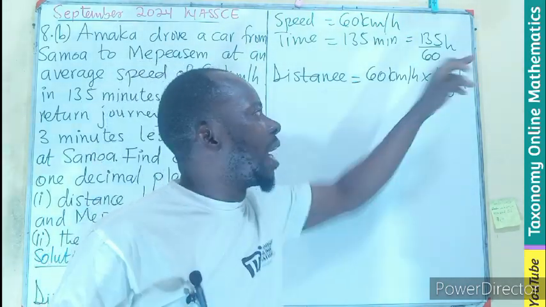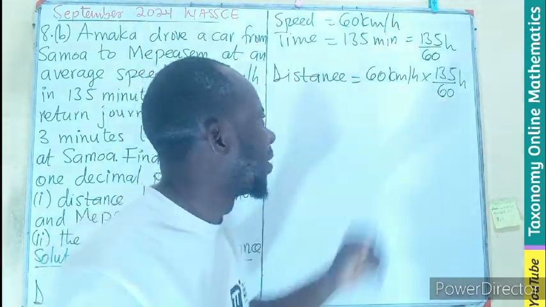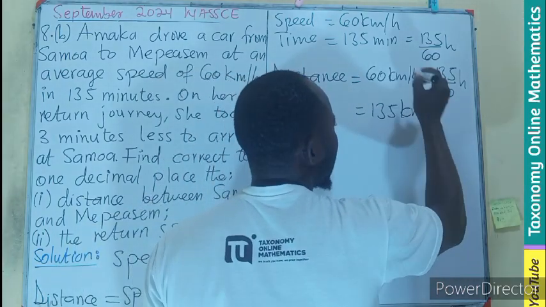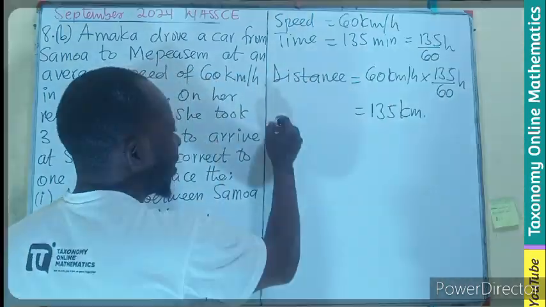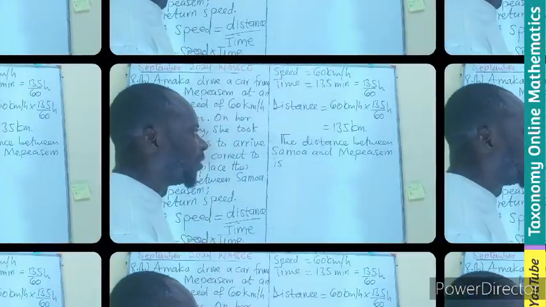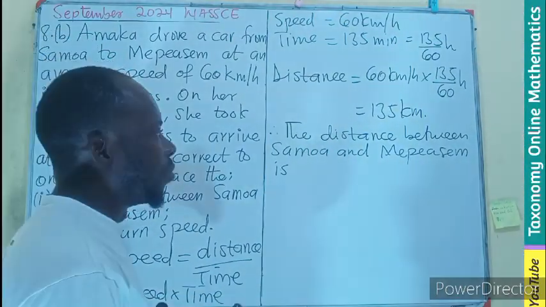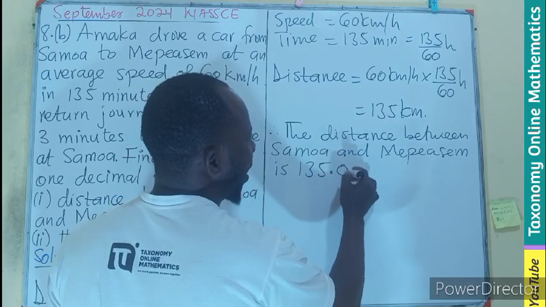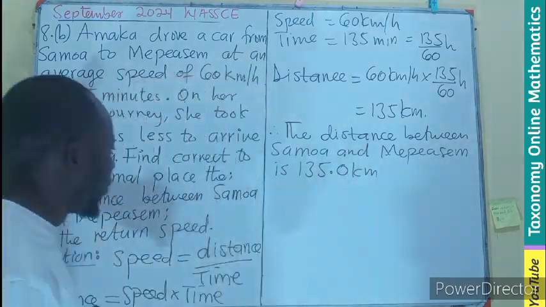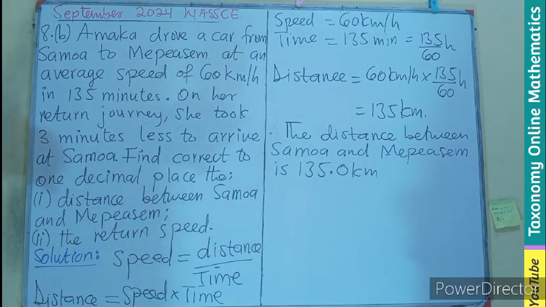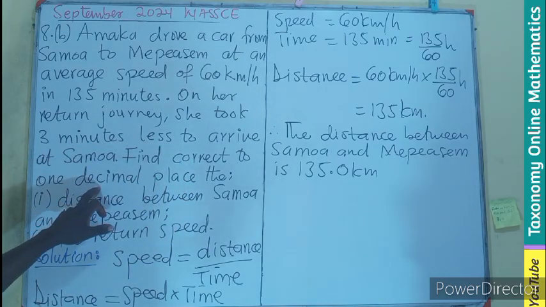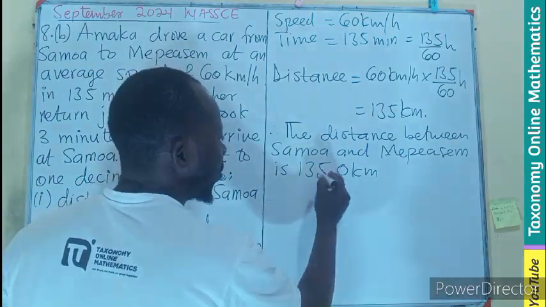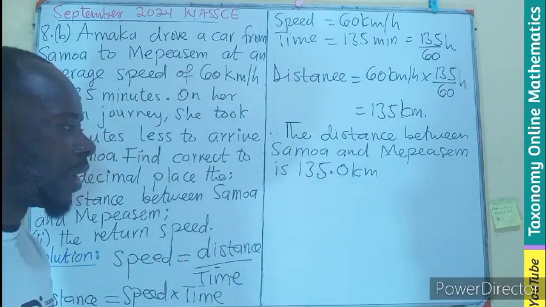So the hour will cancel the hour, 60 will cancel 60, and we are left with 135 kilometers. Therefore, the distance between Mimpasem and Samoa will be 135.0 kilometers. We have to leave our answer in one decimal place, so we introduce the 0 to make it one decimal place.